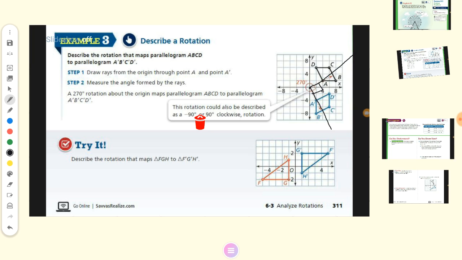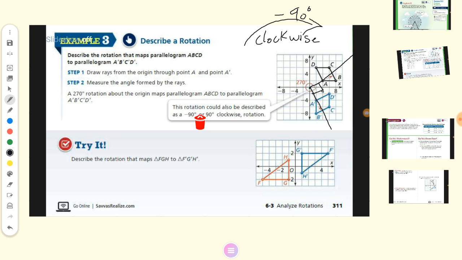What is this angle? It's 90. So he rotated 90 degrees, but where? Clockwise or anti-clockwise? Clockwise. So he rotated not 90, -90 degrees. He rotated by -90 degrees. Okay? How to describe that rotation?